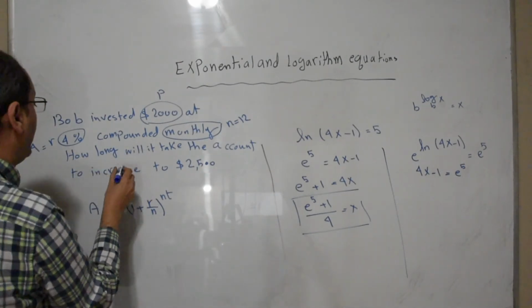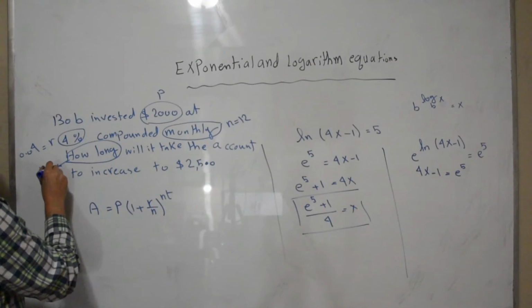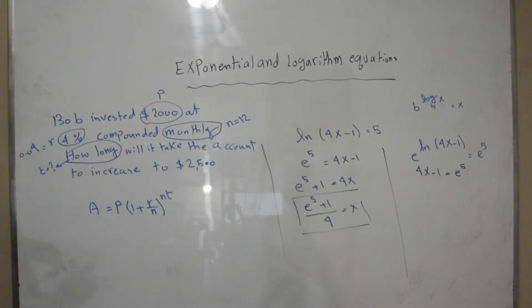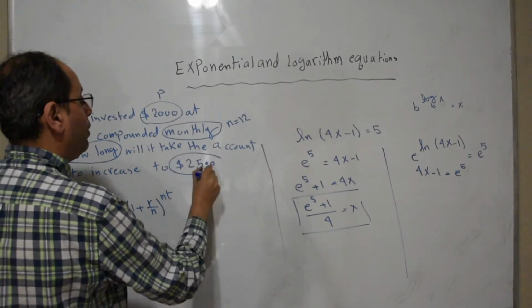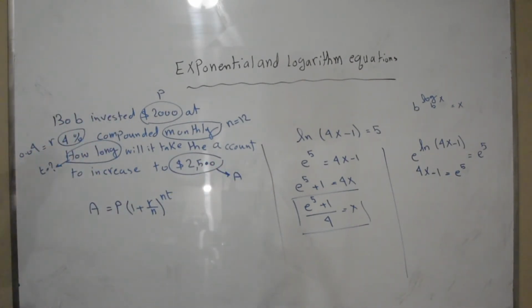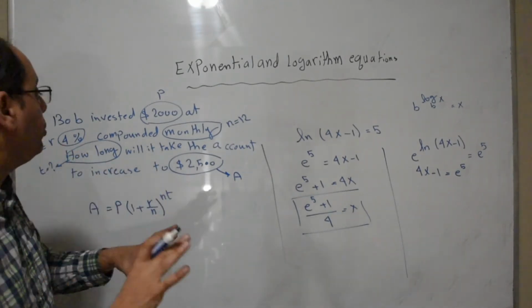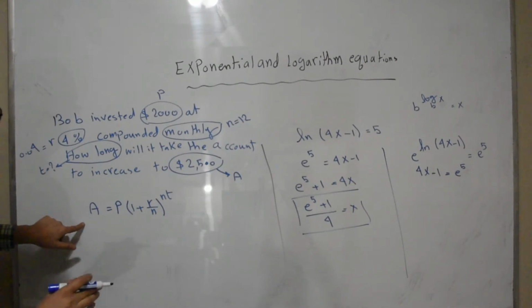How long will it take? How long means t, so t is unknown. The account to increase to 2500, and this is A. So now I analyzed the problem, and everything in the problem is clear. Let's put this here.